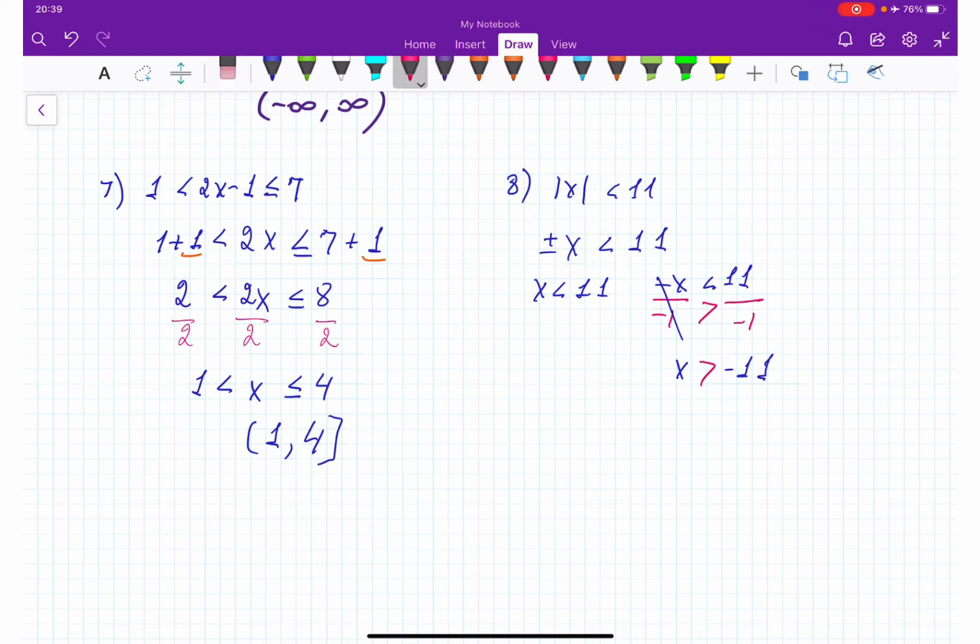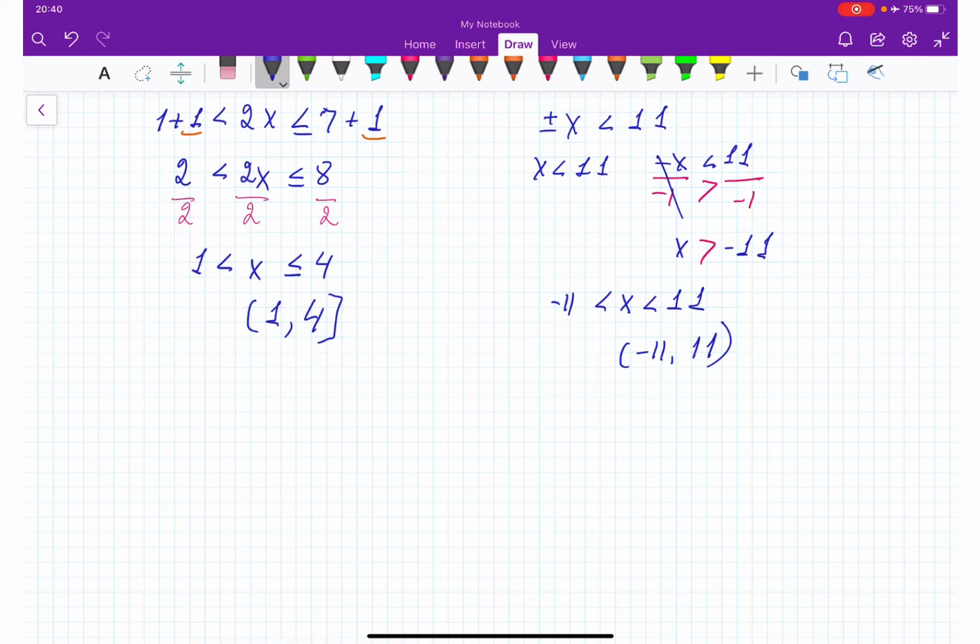So we are getting the answer: x is greater than negative 11 and less than 11. In the interval notation format, it's going to be negative 11 and then positive 11, yes? Okay. Question number 9. We didn't put square brackets because there's no equal sign.